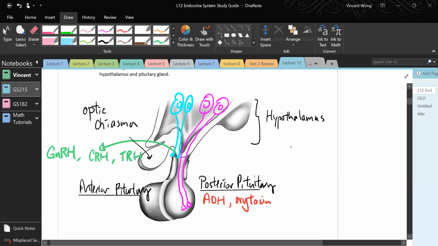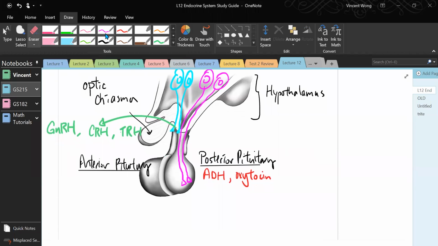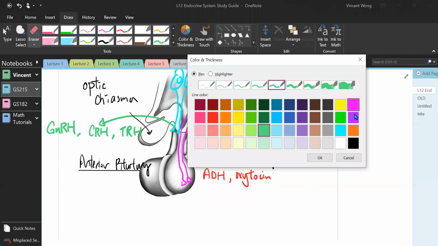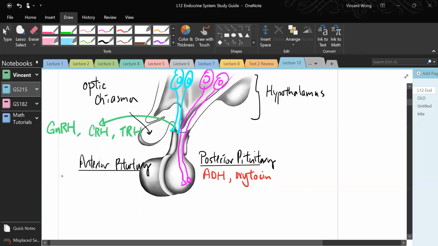And then from the anterior pituitary gland, we have a bunch of hormones. We have the non-tropic hormones, but let's list the tropic hormones first. There is the FSH, there's the LH, there is TSH, and then ACTH.